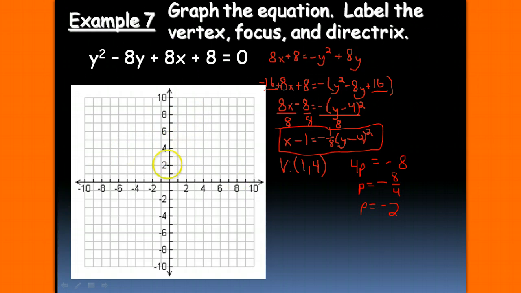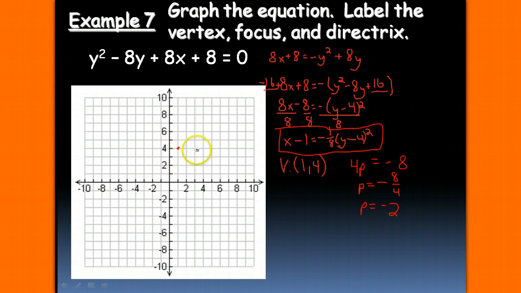So let's start graphing. Okay, so our vertex is going to be 1, 4. So we're going to go right here. And our p is going to be negative 2. So again, we start at our directrix. So if we're going to go negative, the directrix has got to be on the right.